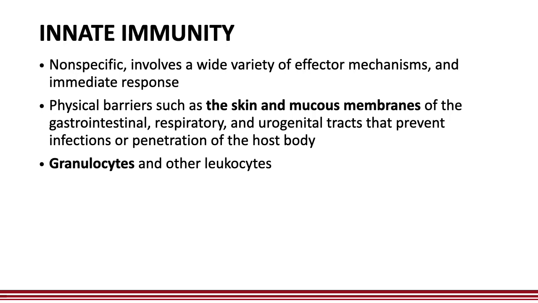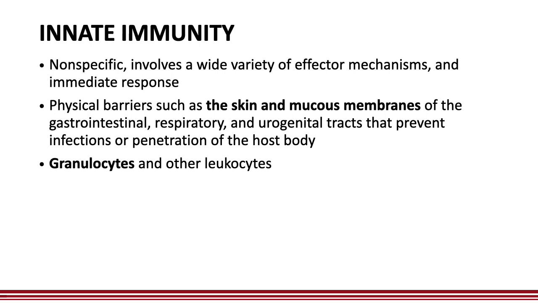In some areas of the body, they also have resident bacterial flora, which compete with pathogenic organisms for nutrients. And in doing so, they prevent the colonization or growth of pathogenic organisms in these areas.